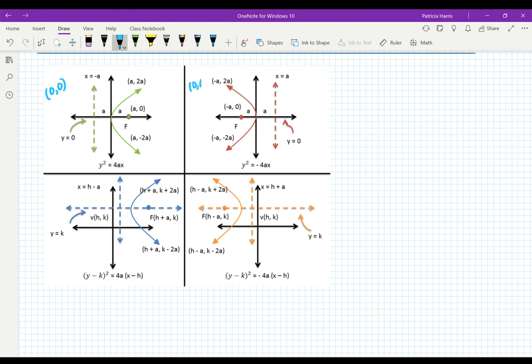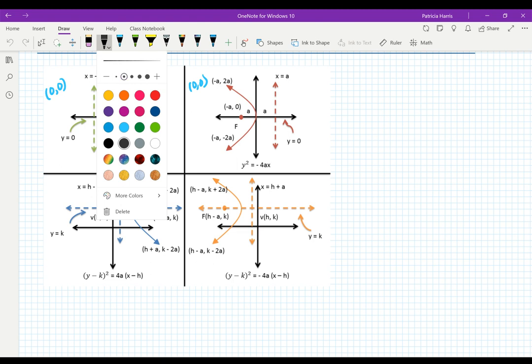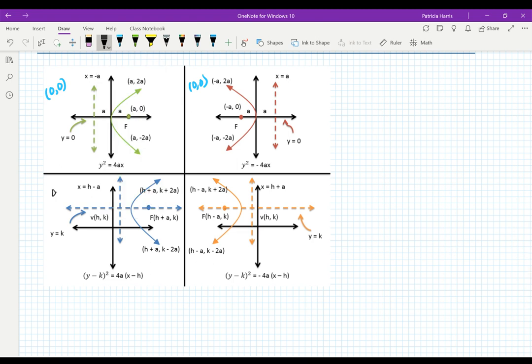And then on the bottom two, you will notice that they have a different vertex, h, k. Okay, so you will also note that the equations are right here.